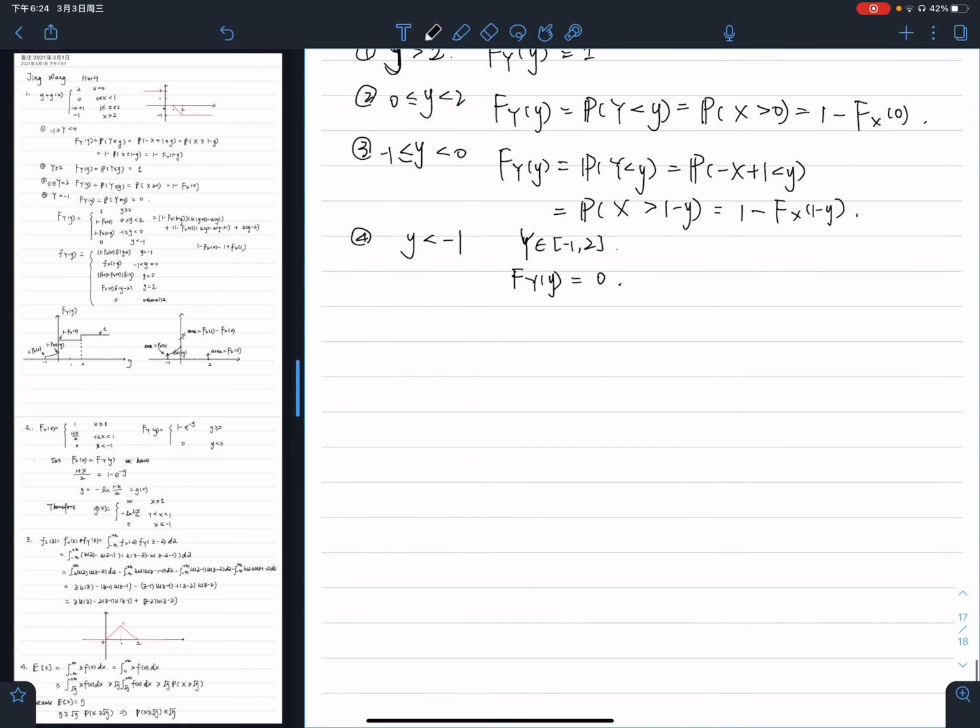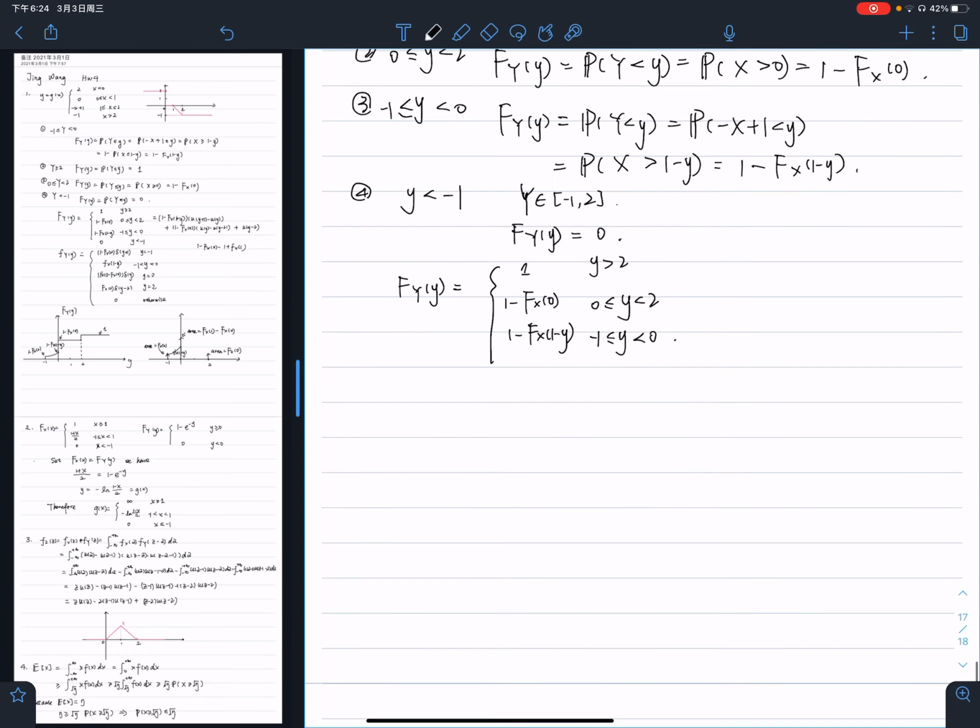So in general, the CDF for variable Y is 1 when y is larger than 2, 1 minus F_X(0) when y is larger than 0 and smaller than 2, 1 minus F_X(1 minus y) when y is larger than negative 1 and smaller than 0, and 0 when y is smaller than negative 1.